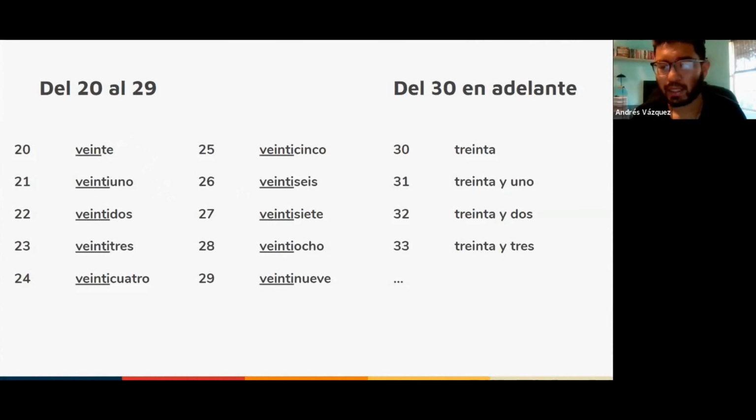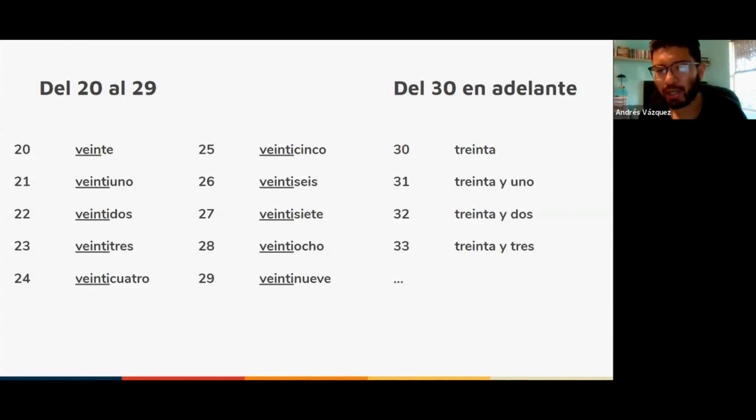But after that it is simply adding the previous numbers to what we already have, no? So 20, 21, which is 20 and 1, or 21, 22, 23, 24.